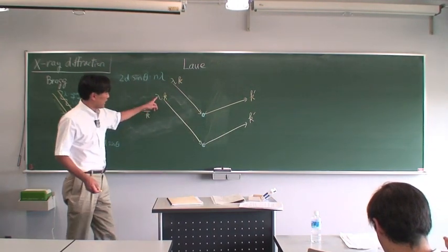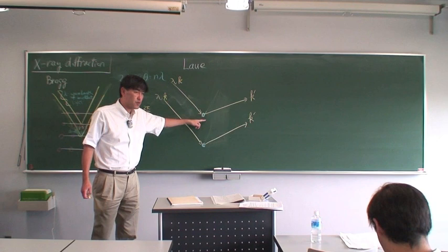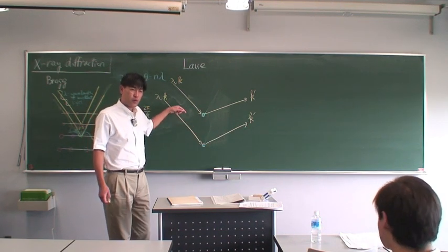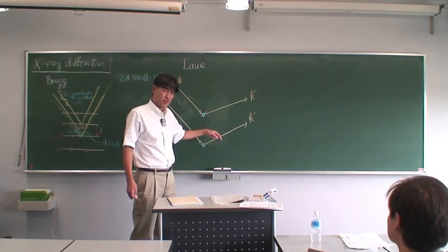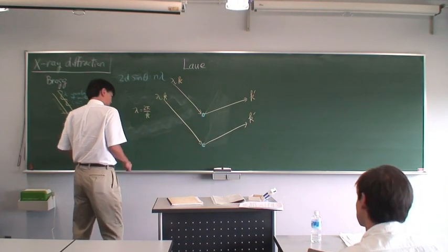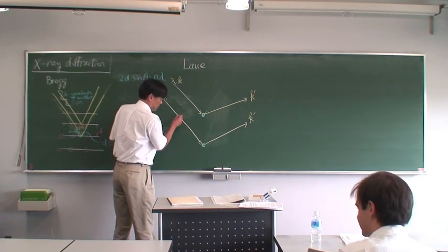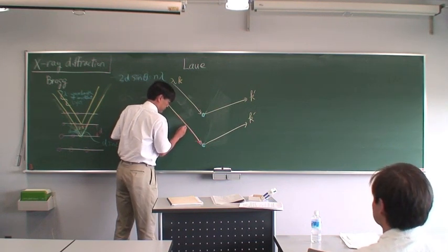And I have k and k prime because even though these are real space atoms, I can also overlay reciprocal space, right? So here what I want to do is to define the k vector.